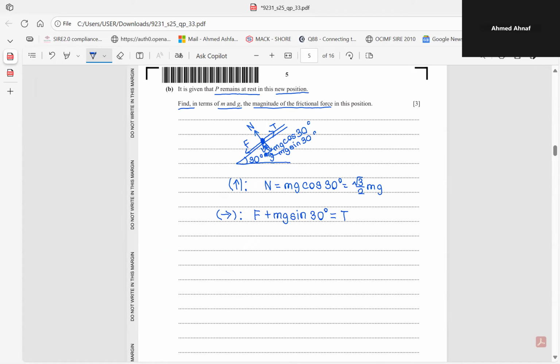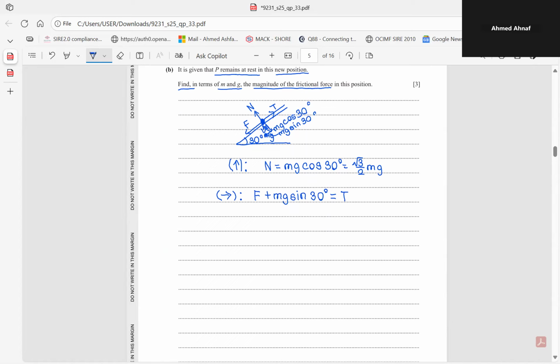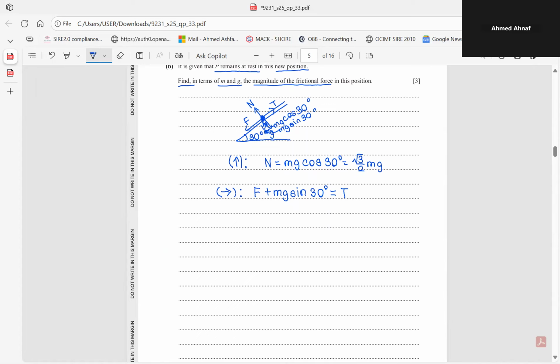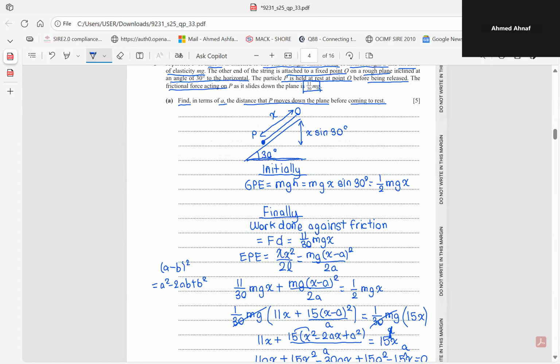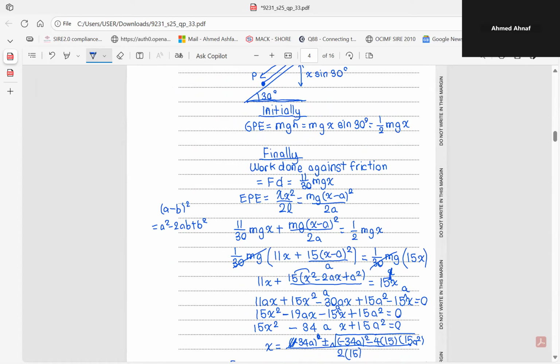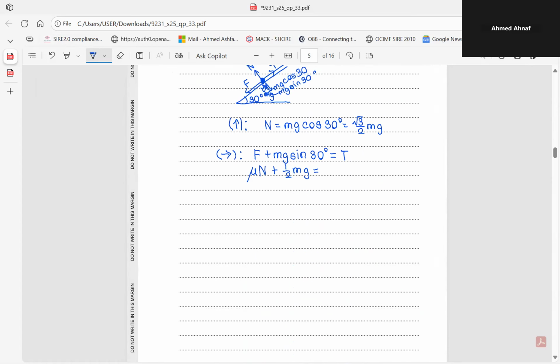Okay. All right. So as we know, F equals mu N, where N is the normal contact force. Sine 30 is half, so half mg. And then T, we actually worked it out here. Oh, never mind, we didn't.